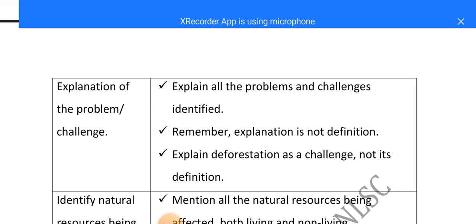And what you should put in mind is that some of you have a problem of giving a definition, not the explanation. For example, somebody can bring up in the scenario that there was massive cutting down of trees. They normally talk about deforestation in scenarios, and instead of somebody explaining what deforestation causes to the environment, what effect, somebody goes on and gives a definition.